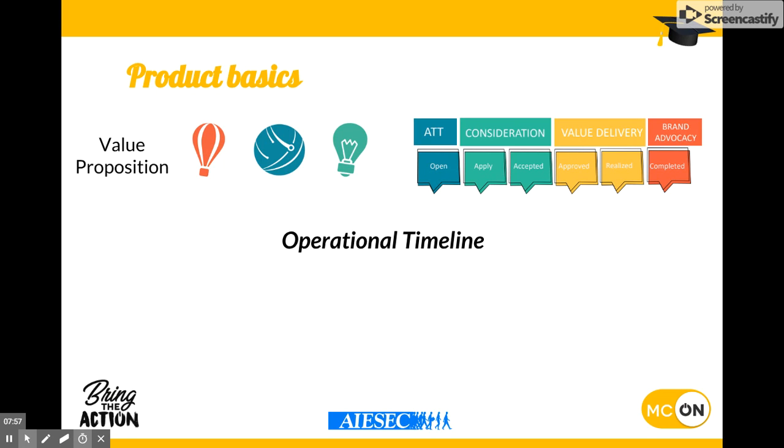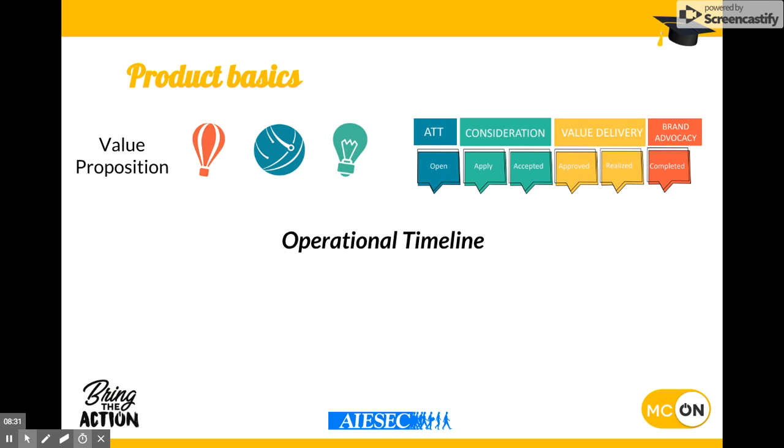And it's very important because if we generate these peaks in an incorrect timeline, we can have a lot of problems. For example, if we have a peak of attraction late in the operational timeline of OGV, for example, or GV, we may face a lot of issues in approving these people because probably we won't have enough opportunities for all the people that we attract.